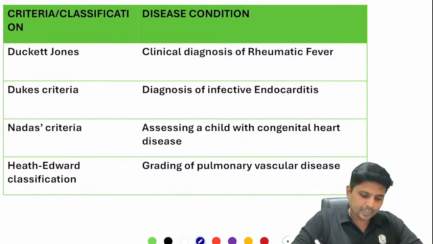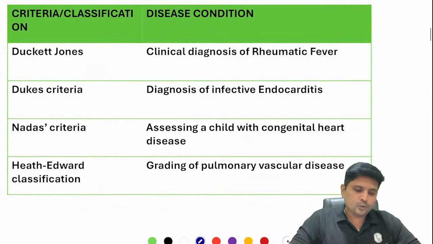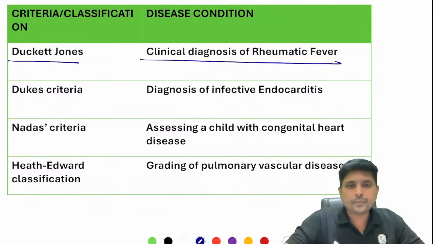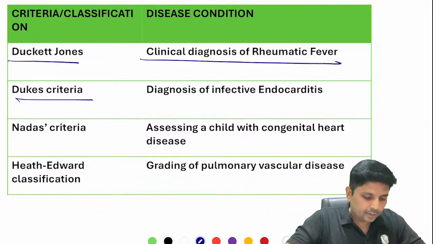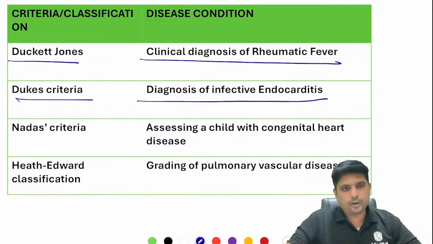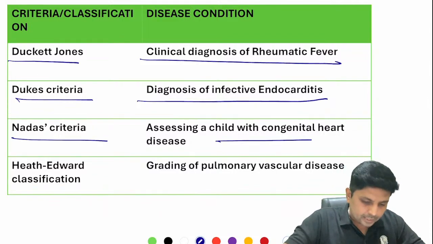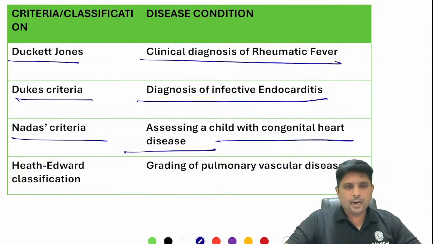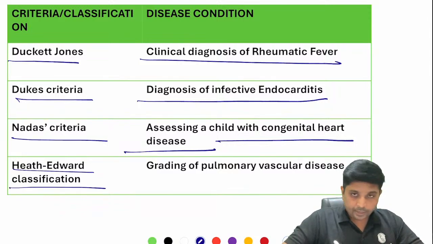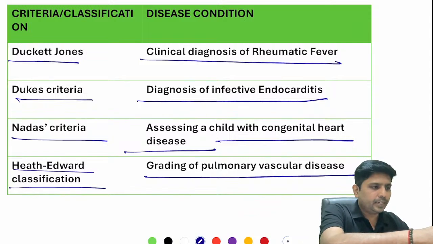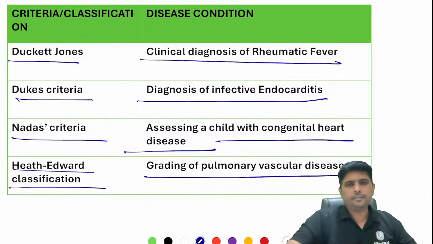So is this correct? Okay. Jones criteria is meant for rheumatic fever. Duke's criteria is for infective endocarditis. Nadas criteria is for congenital heart disease, and Heath Edward criteria for pulmonary hypertension.